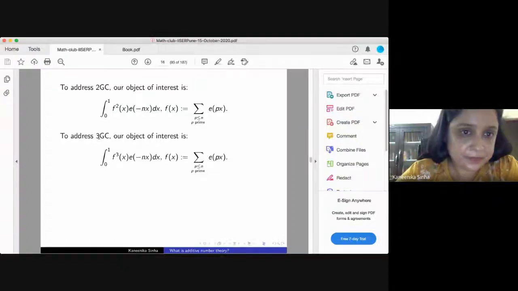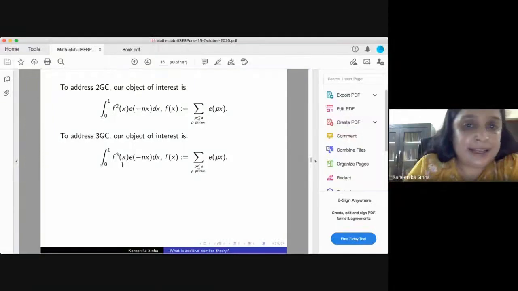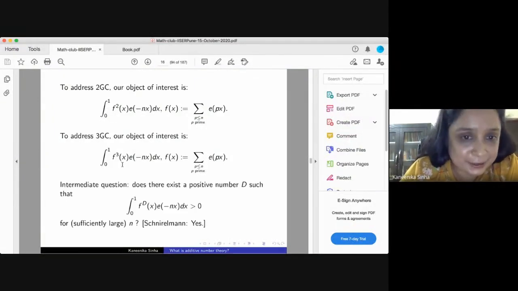To address the ternary Goldbach, we do exactly the same thing, but this time instead of the square of f of x, we have to take the cube of f of x. Now how do we evaluate this integral? Is it something that can be done like a typical question in your first year analysis course?